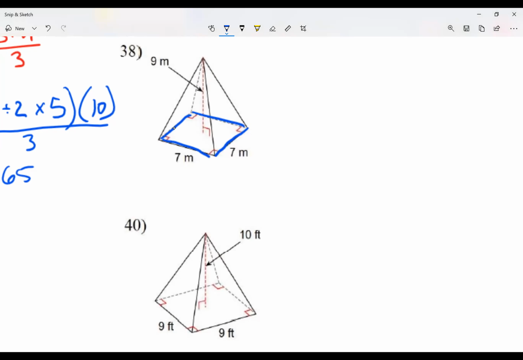And for the square, I'm just going to go 7 times 7. If you guys want to just call it 49, then that's it. The area of the base. The height in this case is 9. I'm going to go times 9. And whatever my answer is, let me divide this by 3. And it gives me 147.